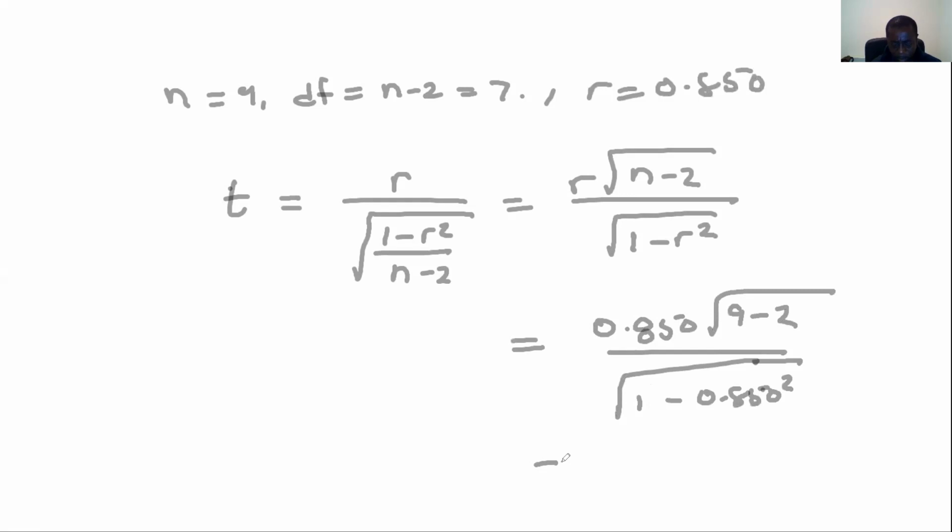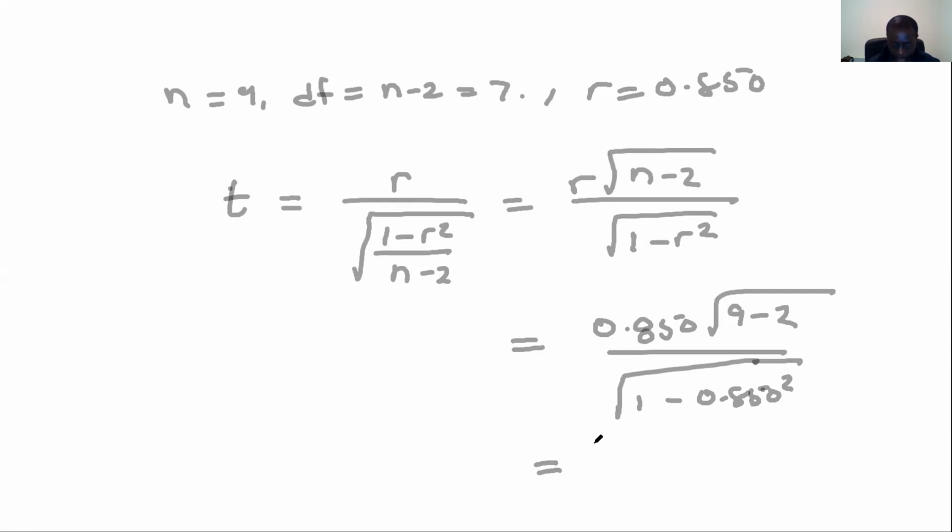Now if we evaluate this, it should be about the same. So I'm going to use my calculator: 0.85 times the square root of 7, divided by the square root of 1 minus 0.85 squared. Okay, exactly the same.